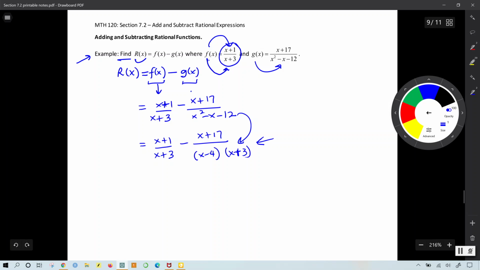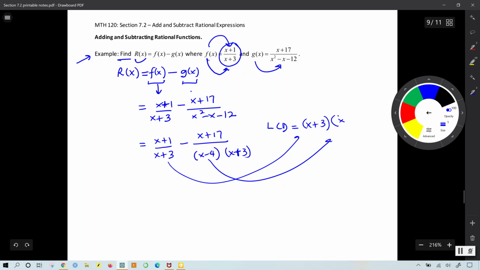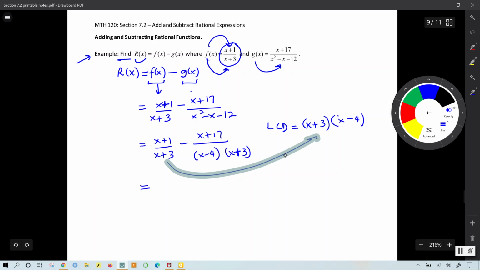Now at this point, we do need to simplify this subtraction, which means we need the LCD. This would mean we will build that off of the pieces x plus 3 and x minus 4. And immediately, by comparing this denominator with the LCD, it tells us that the first fraction is going to need some help.